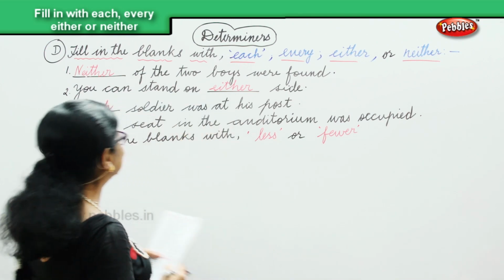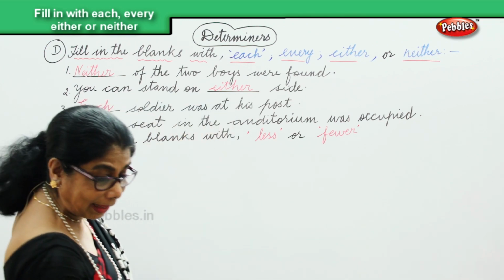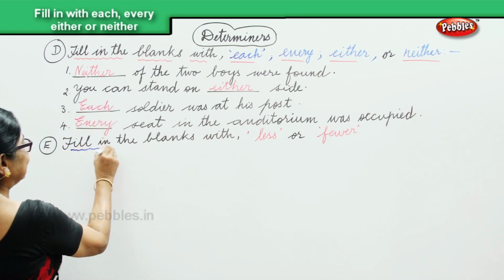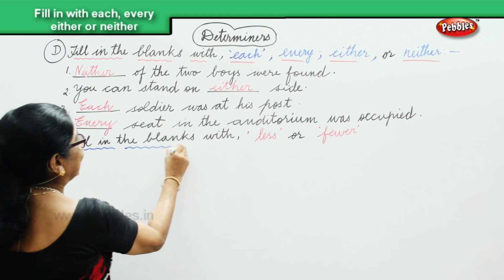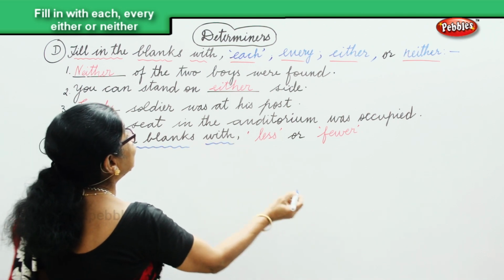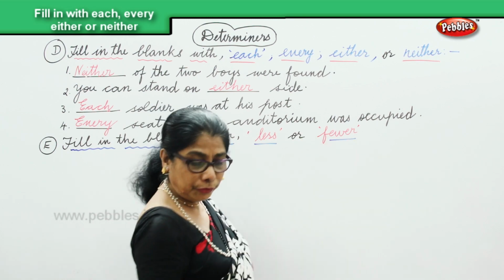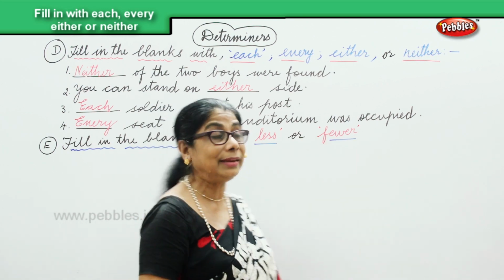Now I have some sentences here. We are going to fill in the blanks with less or fewer. That's the last of the exercise. I give you a few sentences to fill in correctly.